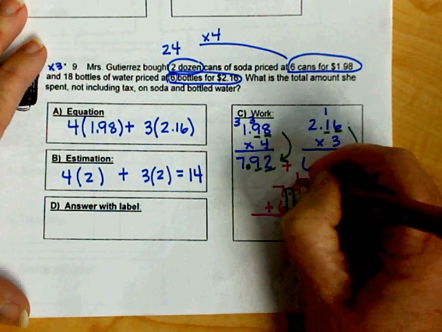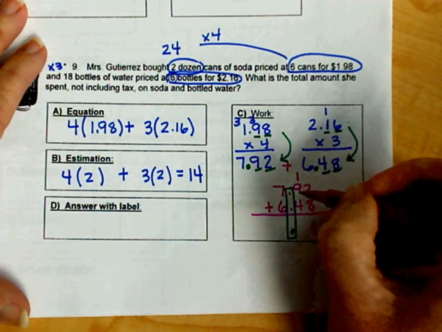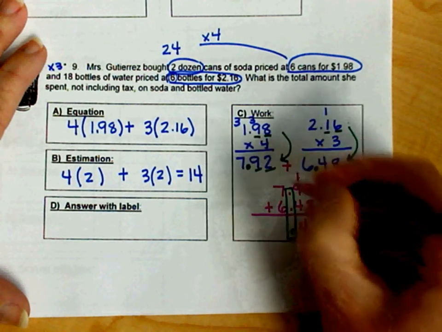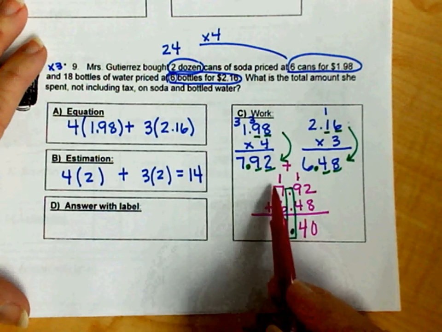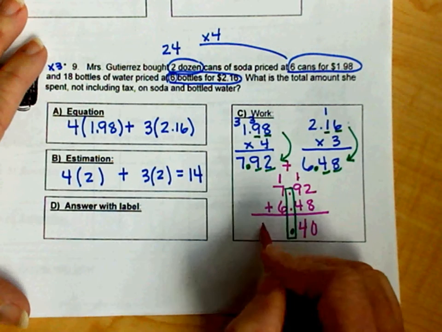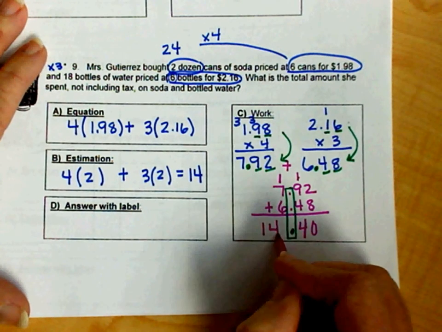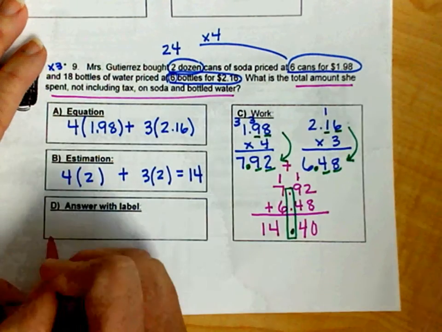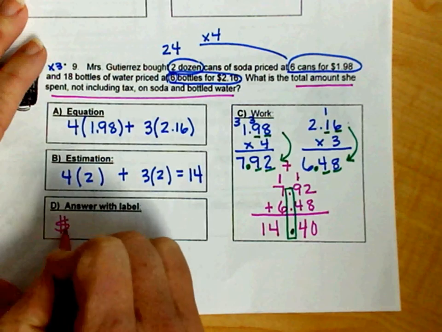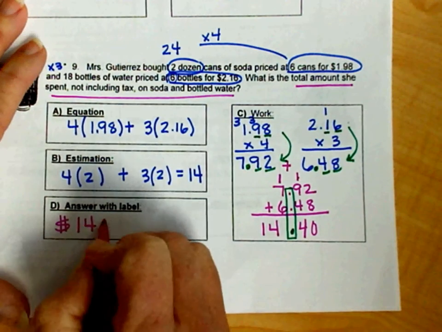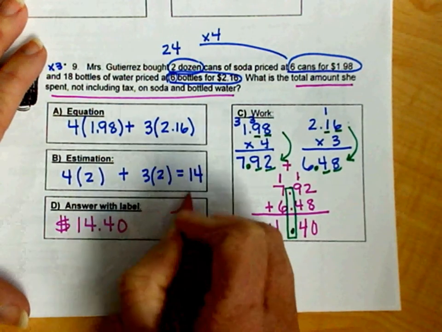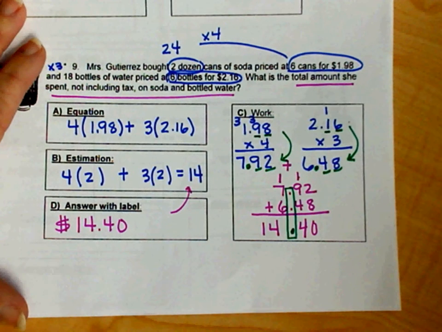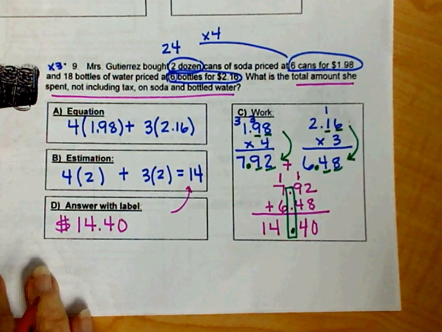Let's carry the 1. 9 plus 1 more is 10, plus 4 is 14. Carry the 1. We have 8 plus 6 more, which is 14. When we look at our final answer, to answer the question up at the top, the total amount of money is $14.40. And is that going to check out with our estimated cost? Yes. Now let's look at problem number 10.